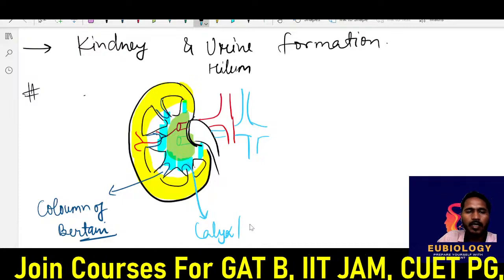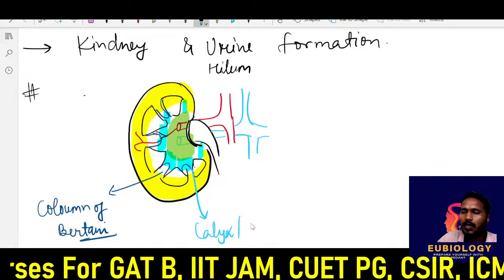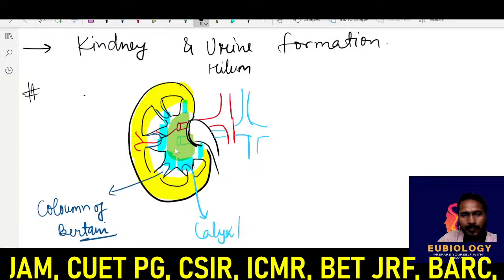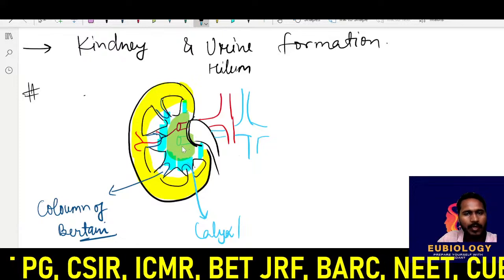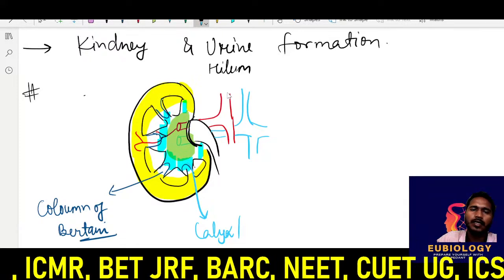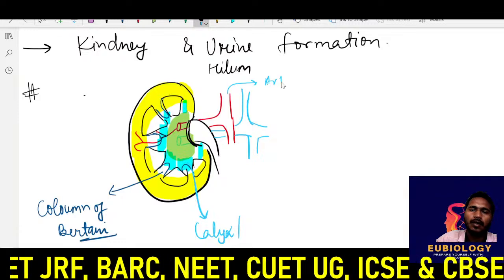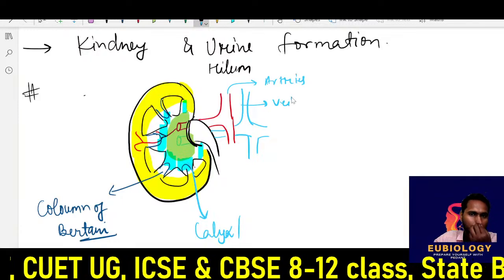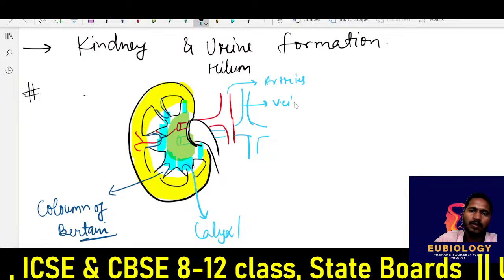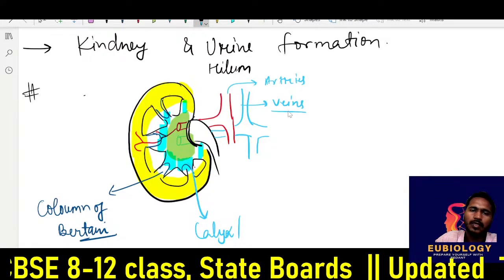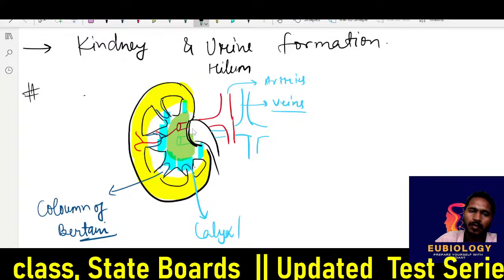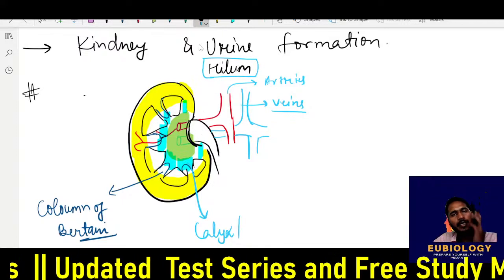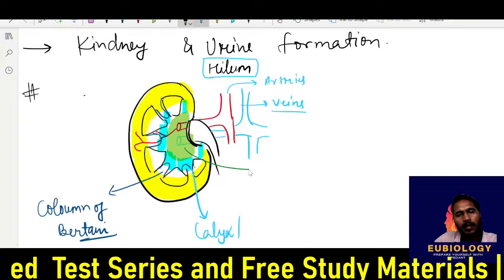So this is the important thing which we are seeing now. And now, if you see anything else, these are the arteries, these are the veins, arterioles and veins, and then it will go into the hilum region, and from the hilum, this green region is called the pelvis.